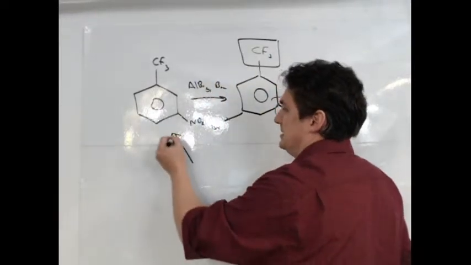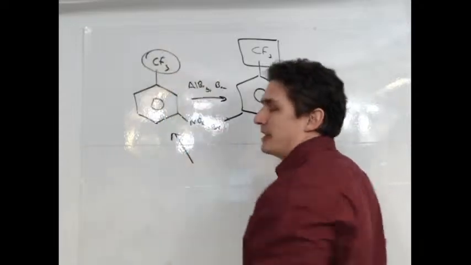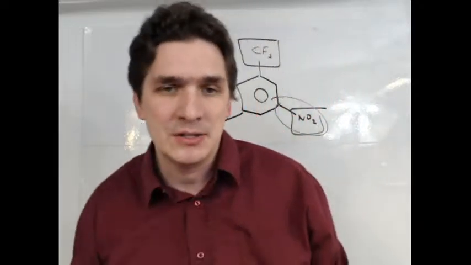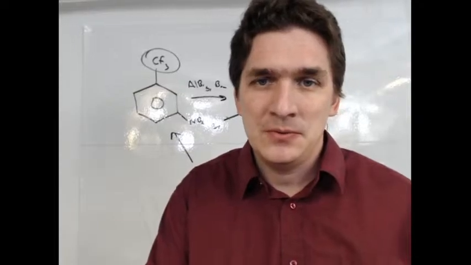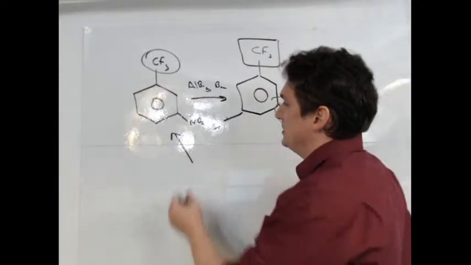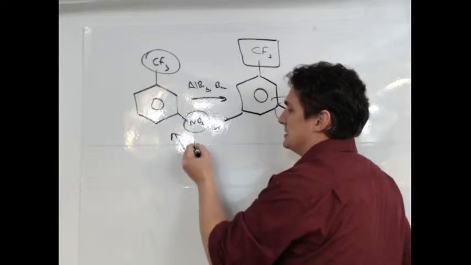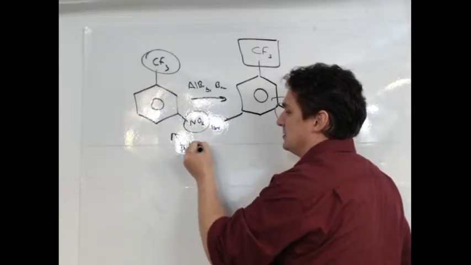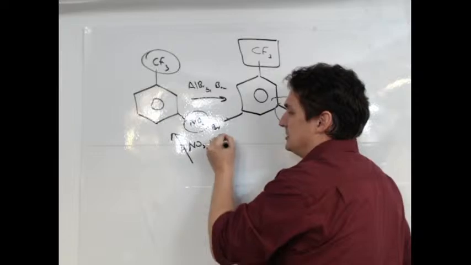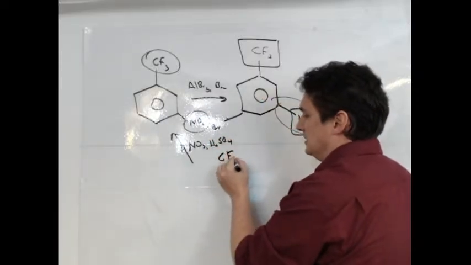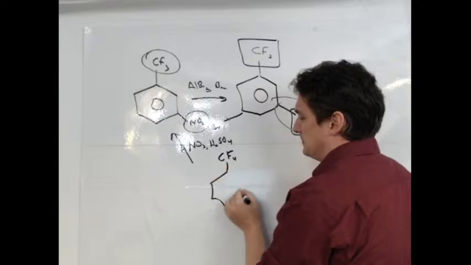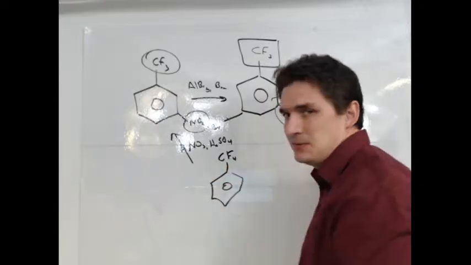Well, I conceptually don't know a way to produce that without a lot of weird reactions. So the precursor here to the meta nitro fluorobenzene is going to be one where the nitro group gets added, because we can definitely do this in a single step. If we add nitric acid, HNO3, and sulfuric acid, which we'll be doing in a few labs, we can definitely get back to the CF3.